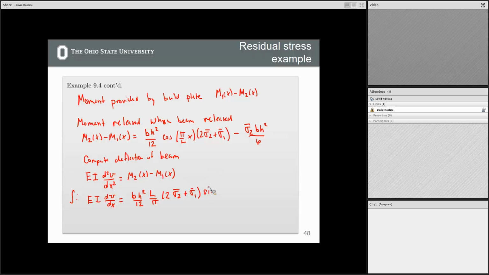All right, and then sine of pi over L times x. Next term, integrate this function with respect to x. That just multiplies by x. And a constant of integration, C1.